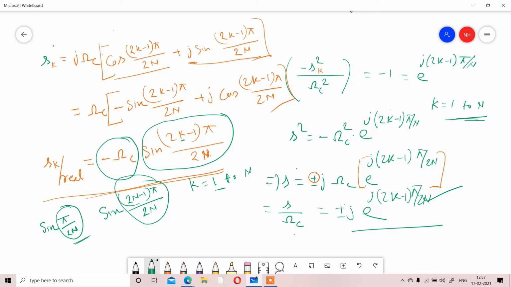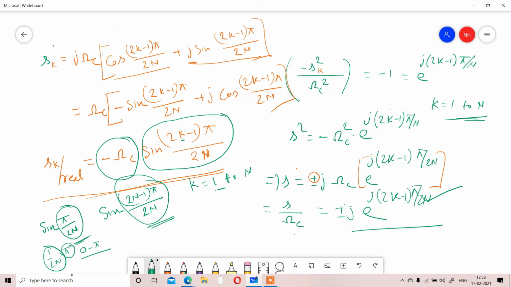You can check that both the angles are within the range of pi. How? Because 1 by 2n into pi, the value of 1 by 2n is always less than 1. If we multiply pi by a value less than 1, it will remain within 0 to pi. Simply, if we multiply pi by 0.5, it will be pi by 2.